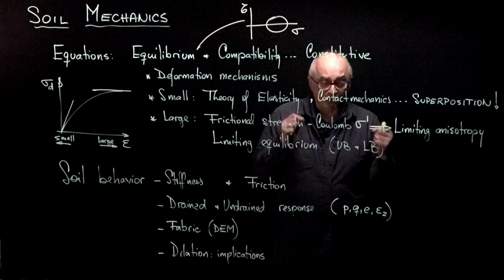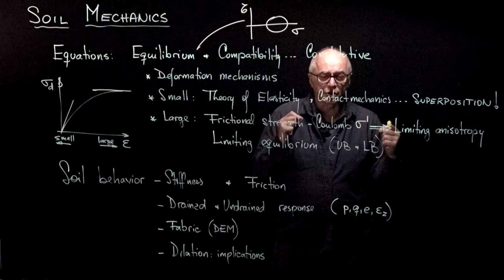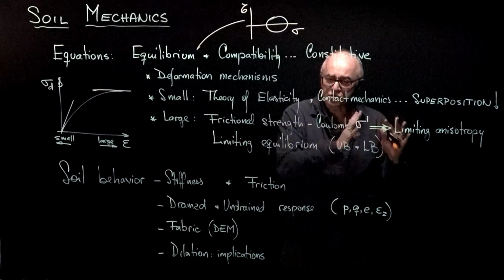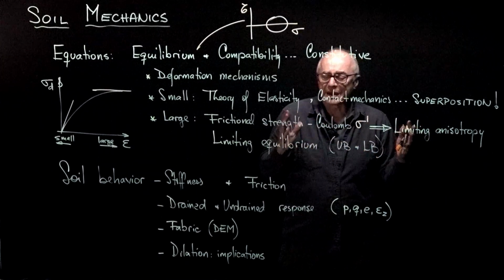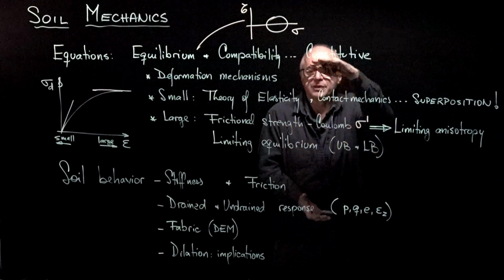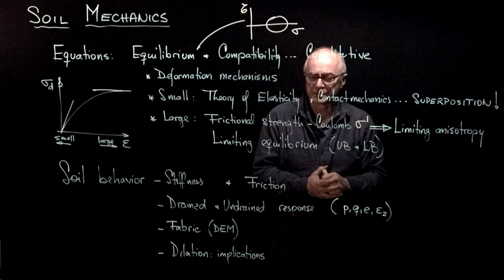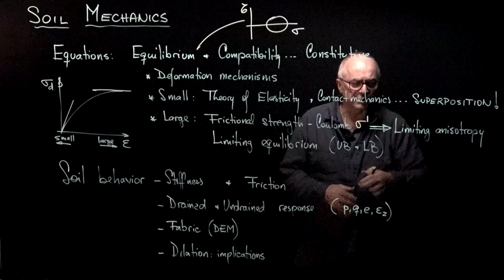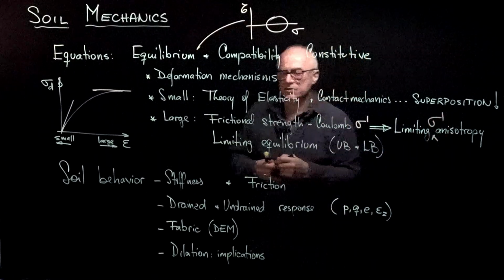And one of the important consequences is that because soils are frictional, they can take a limited amount of stress anisotropy. For a given confinement, you will be able to apply a maximum amount of deviatoric load. And that is the concept of limiting stress anisotropy in soil behavior.